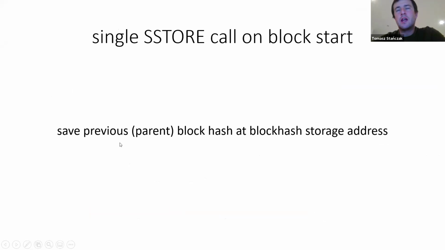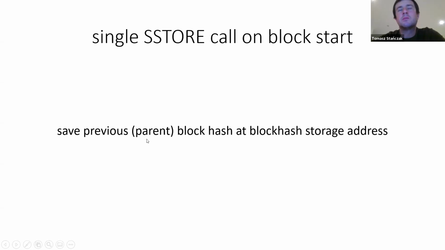At this address, before every single block, before all the transactions in the block are executed, we plan to call a single SSTORE at this address, and we push a block hash there at the storage slot at the number of the block. So we can save the storage as block 12 million, for example, and the hash as the value in the storage. So the SSTORE always takes the address of the contract and the index in the storage key-value store, and the value will be the block hash of the parent block.